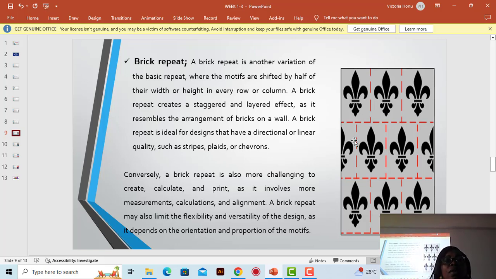Okay, so let me clarify this point. When we look at the brick, when you look at the imaginary lines, they look like it's the same, but it's not. With this one, you draw your imaginary lines, or let me say boxes or rectangles, depending on how your measurement is or how your motif is.